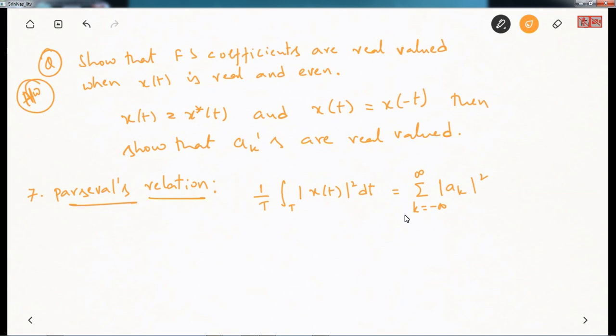So this has some physical interpretation. Rather than trying to derive this, let's understand it. Let's look at the left hand side. It is the average power in one period.